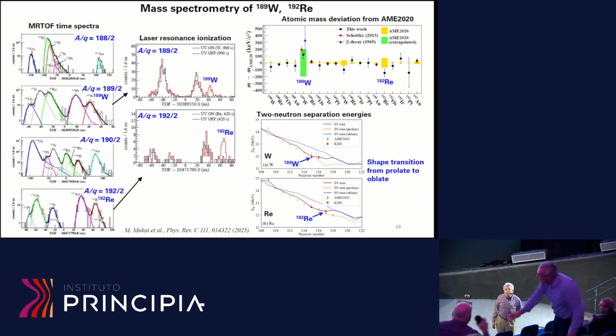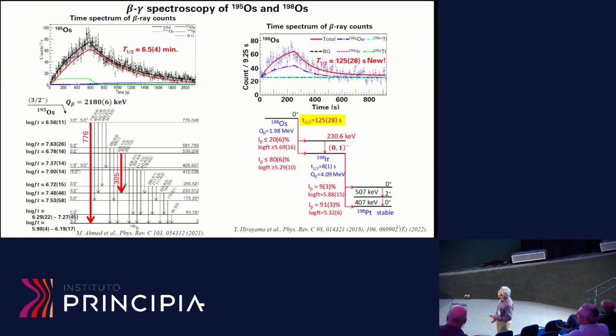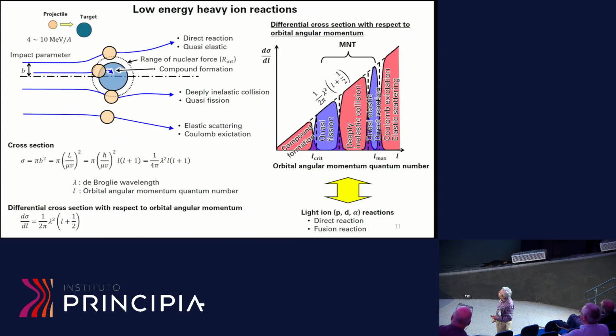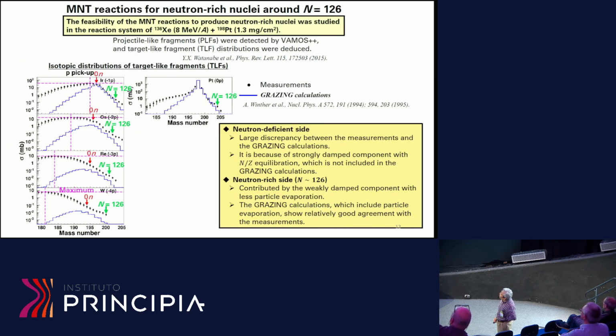I just want to understand, when you show the grazing calculation for multi-neutron transfer, where is the cross section? This one is the neutron transfer cross section integrated, right? Neutron transfer, not proton transfer.